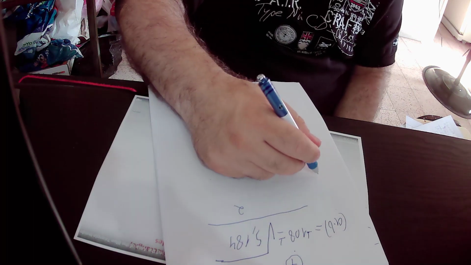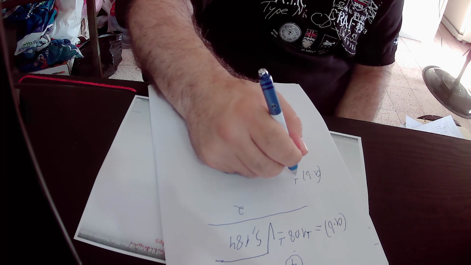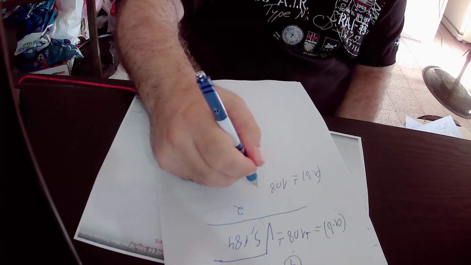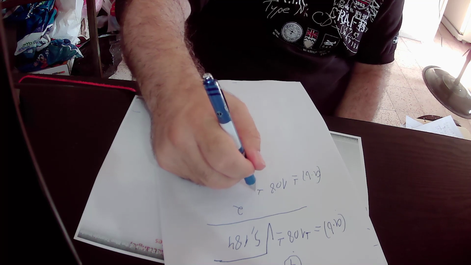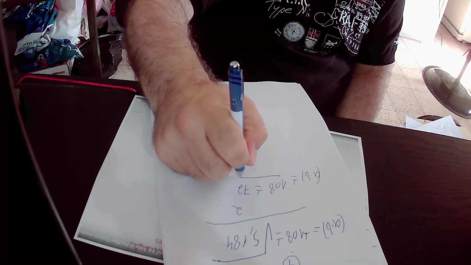So A times B equals 108 plus or minus 72, divided by 2.